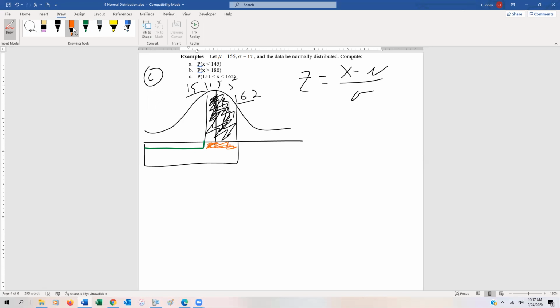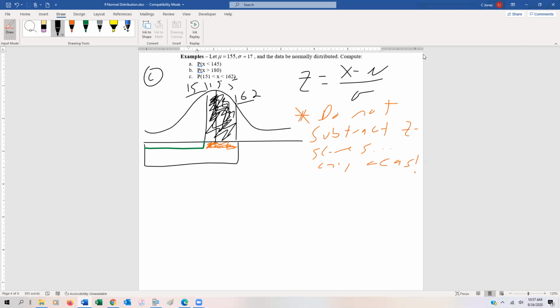So for a between problem, you find two z-scores, you find two areas, and then you subtract the areas. Note, do not subtract z-scores, only the areas. That's important, otherwise you won't get the right answer.